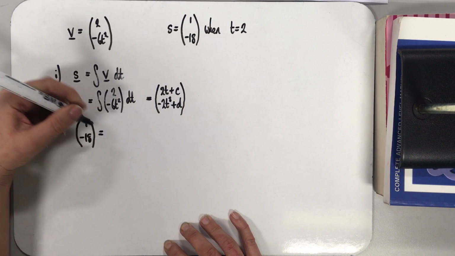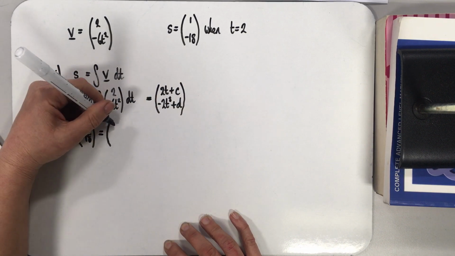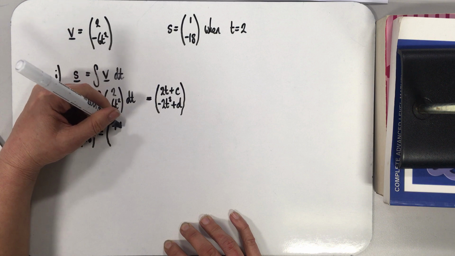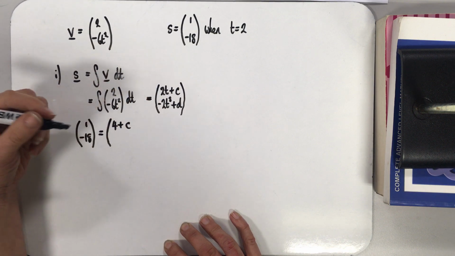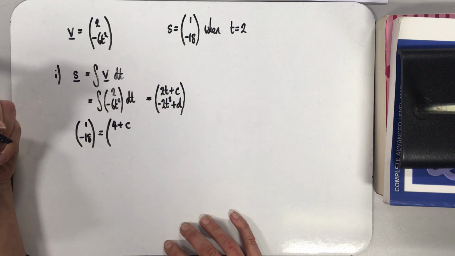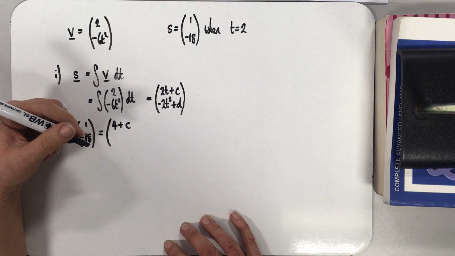So using this, (1, minus 18) is equal to, so we're letting t equal 2, I get 4 plus c. And if t equals 2 in here, minus 2 cubed is 8 times minus 2 is minus 16 plus d.